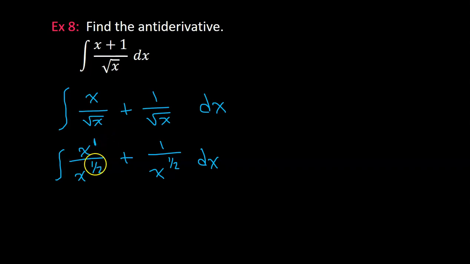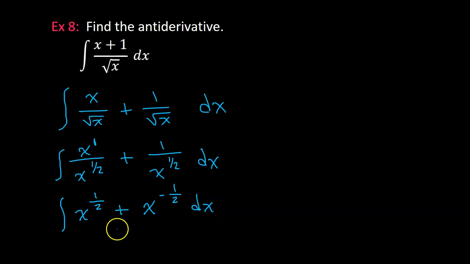So I have 1 minus 1/2. So this is going to be x to the 1/2 power, because 1 minus 1/2 is 1/2. For the next fraction, 1 over x to the 1/2 power is the same thing as x to the negative 1/2 power.